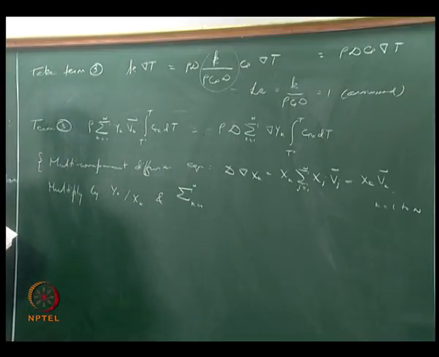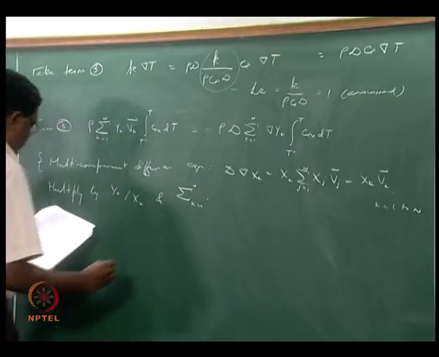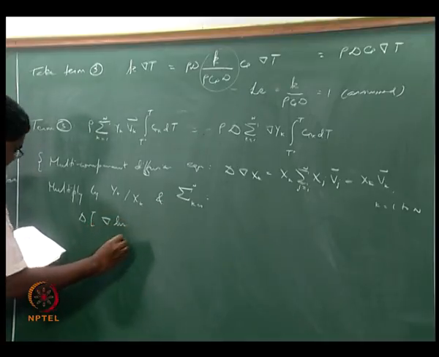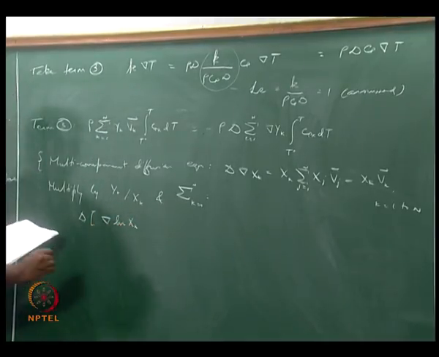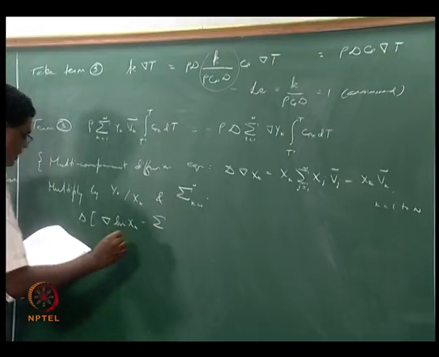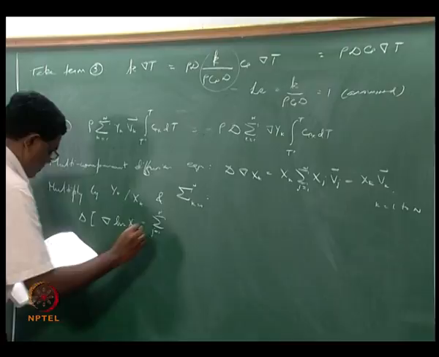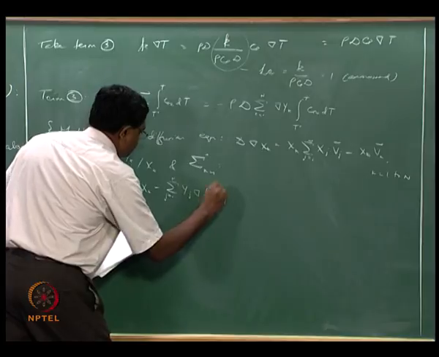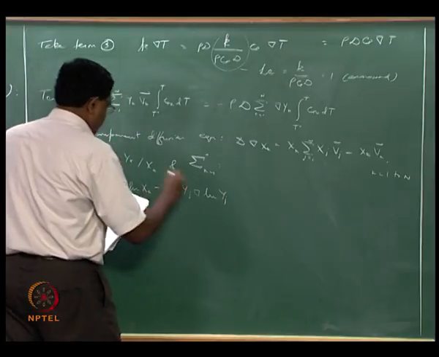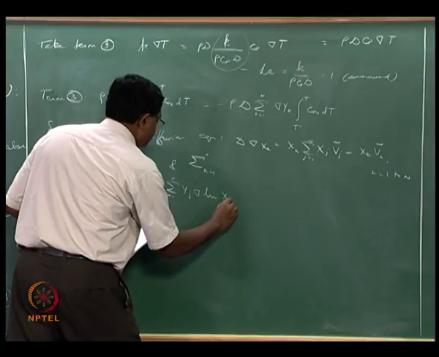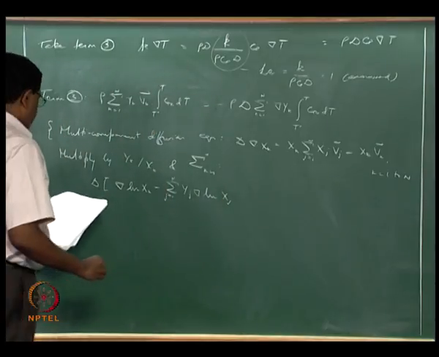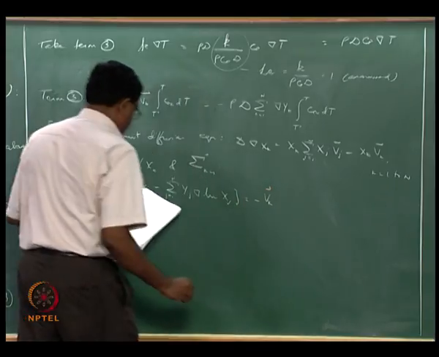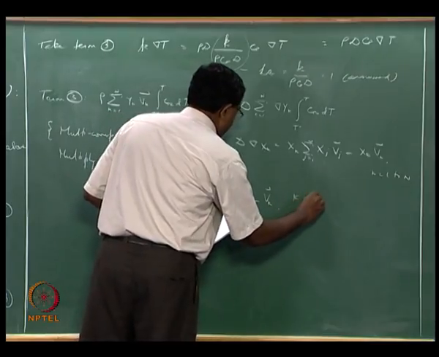That means you add over, okay, so you now get a gradient natural logarithm xk minus sigma j equals 1 to n yj gradient natural logarithm yj, should be xj, I guess, xj equal to minus vk, right, k equals 1 to n.